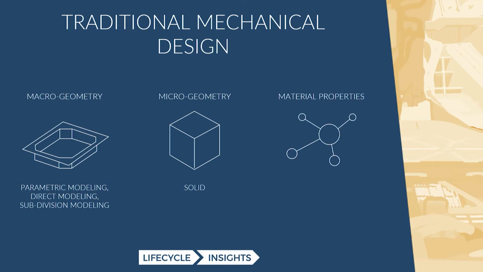The last one is material properties. And to date, you have material selection that is basically homogeneous, right? So you have the same material properties in any spatial direction. And you could select one. And of course, there have been lots of advancements with composites and things like that.